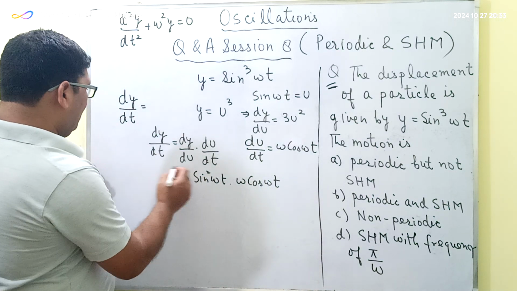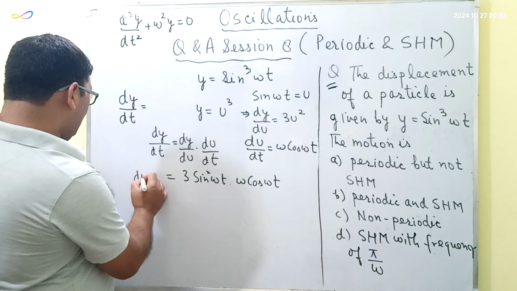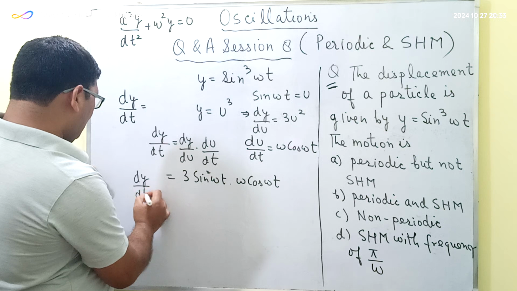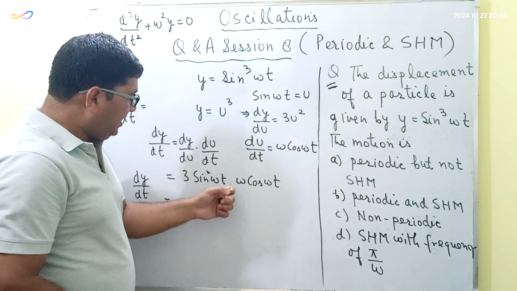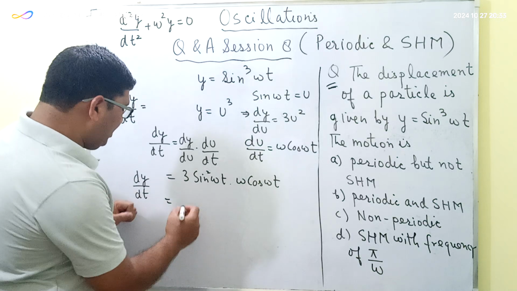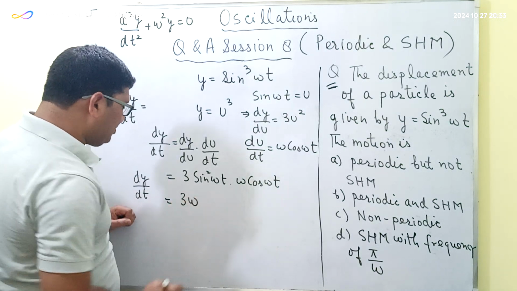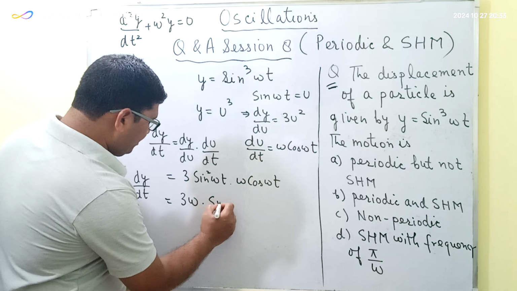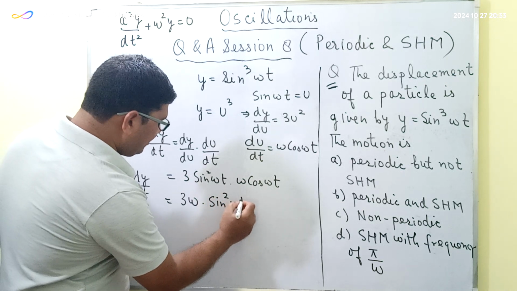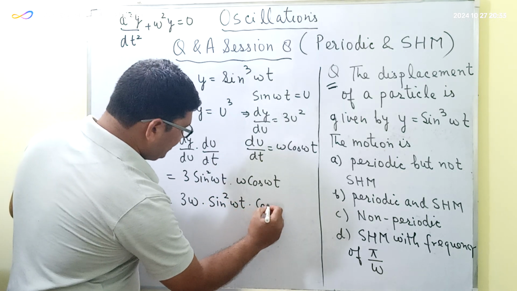So dy by dt is equal to 3 sine omega t multiplied by omega cos omega t, or we can say that dy by dt is equal to 3 omega into sine square omega t into cos omega t.